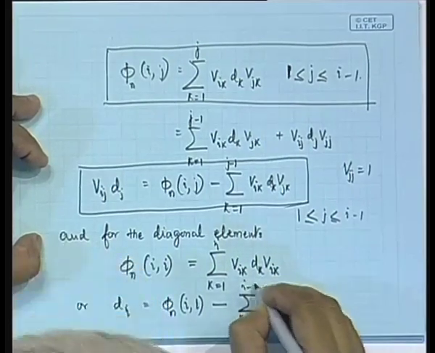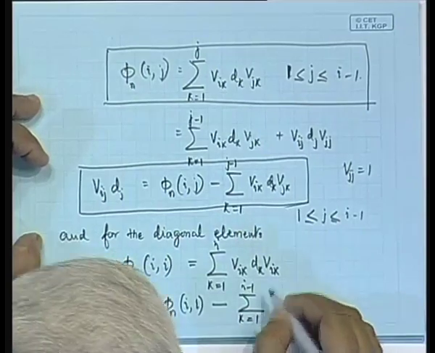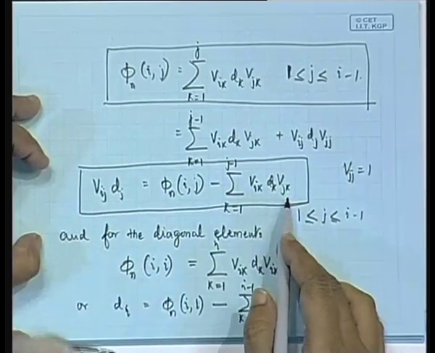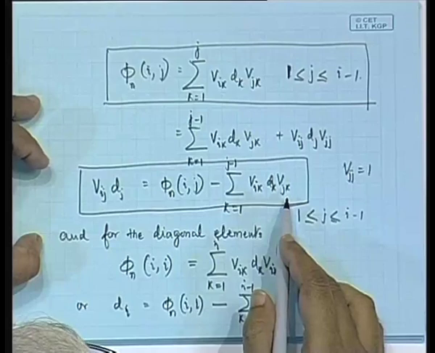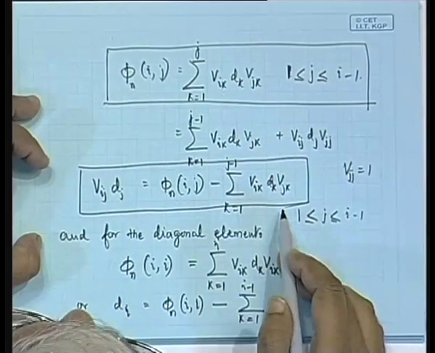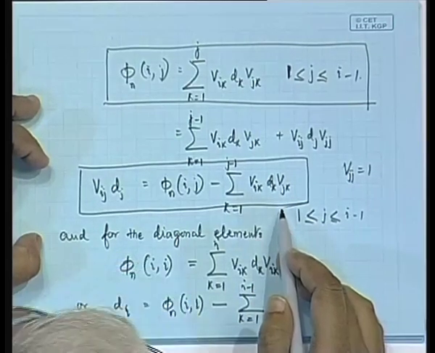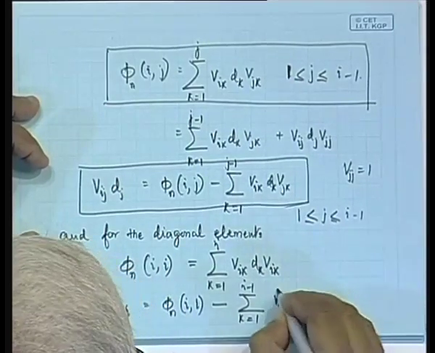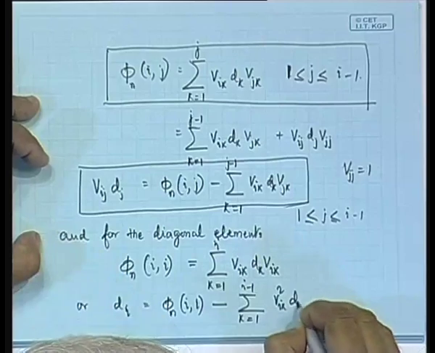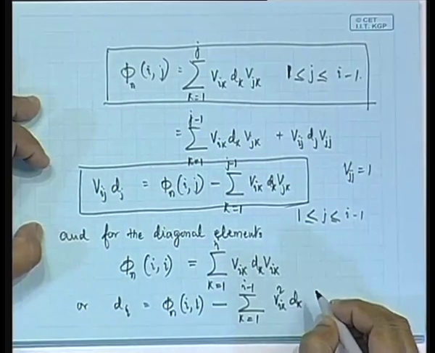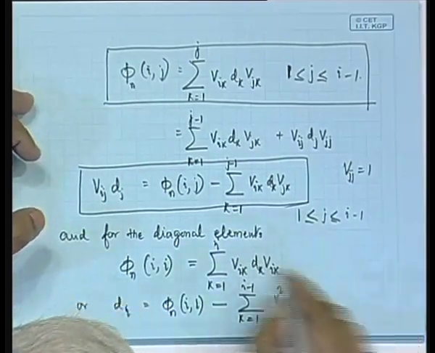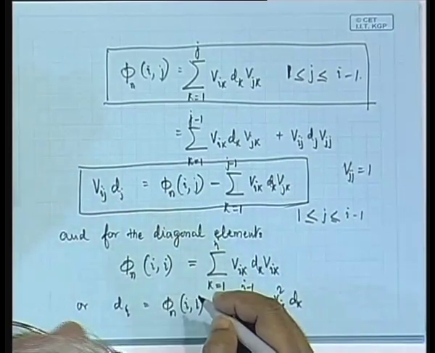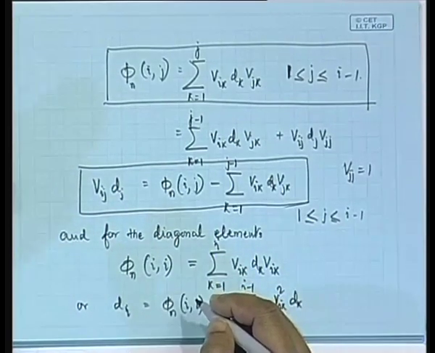I minus 1, and then j gets replaced by I, so it becomes Vik square, right. So it becomes Vik square into dk, okay. And then this equation actually gives us something very useful.